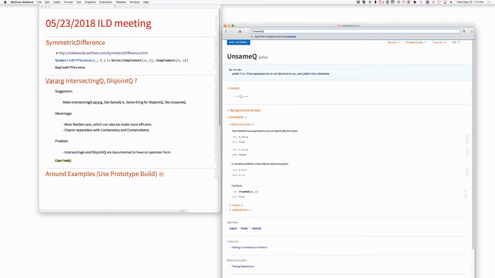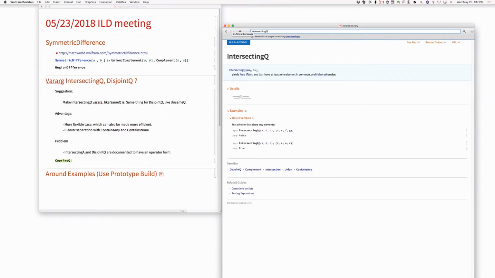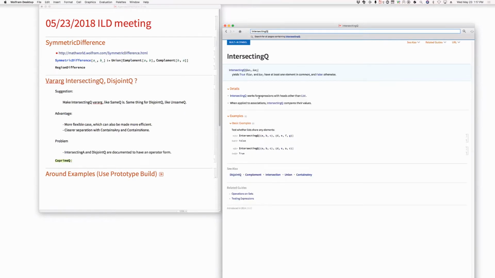Now, the only problem with intersecting Q and disjoint Q is that we have an operator form for them, which may kill the var arg case. Something good is that we're not documenting the operator form. We have contains any and contains none, which are exactly like intersecting Q and disjoint Q, and they do have an operator form. But we don't document the operator form if there is one.